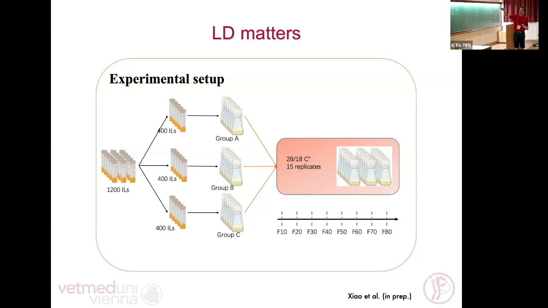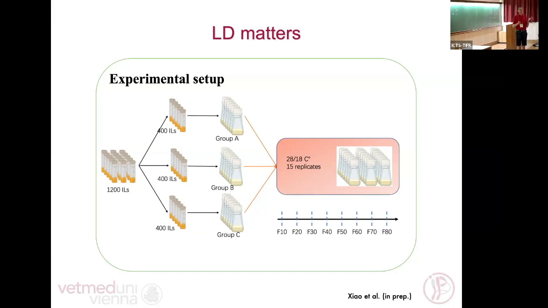Each of the sets comes from the same population, and they were randomly assigned. Then from each of these 400 isofemale lines, we created 5 replicate populations. They're called group A, B, and C, so in total there are 15 replicates. These 15 replicates have been evolving in the same environment for, I don't know, about 80 generations.